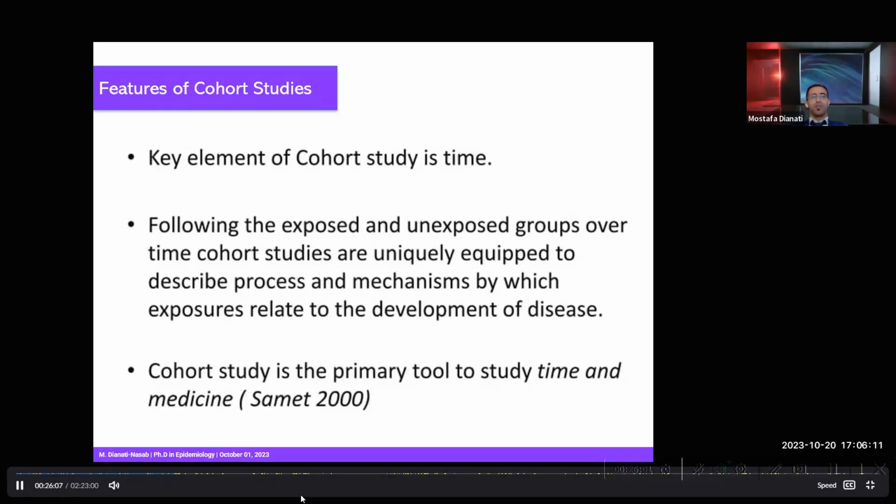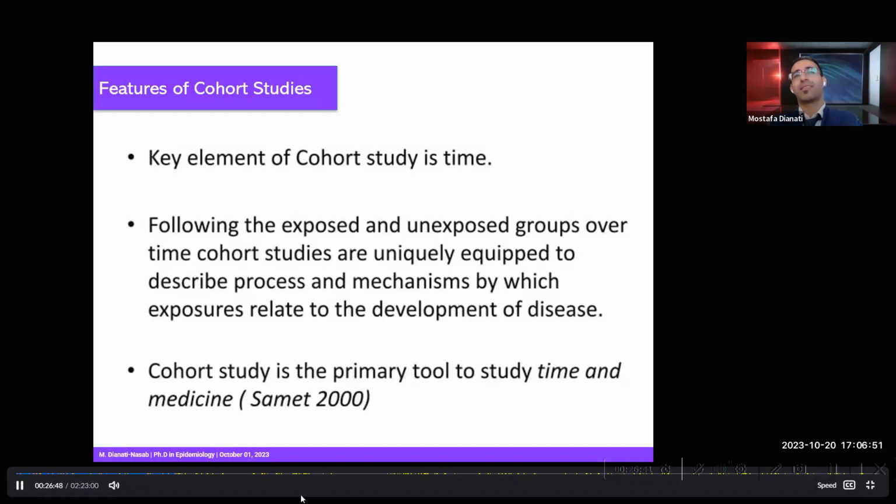Because as I already mentioned, you will follow your study participants over maybe a long period of time, and you will wait to see the effect of exposure on the outcome. Cohort studies are really great for examining the association between exposure and outcome. And in these designs, you are sure that exposure happened first and then the disease occurred.